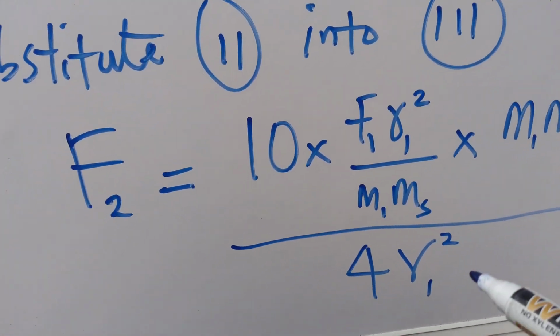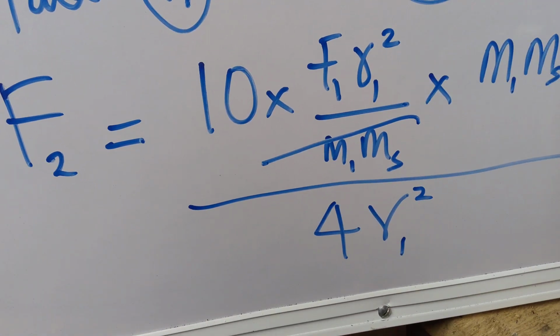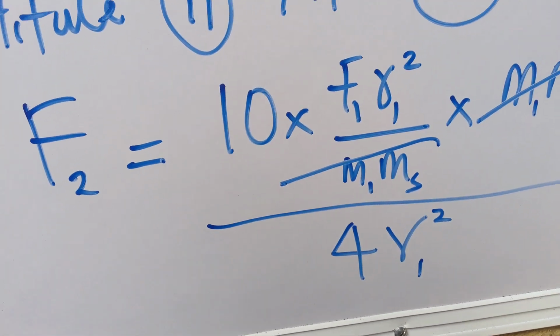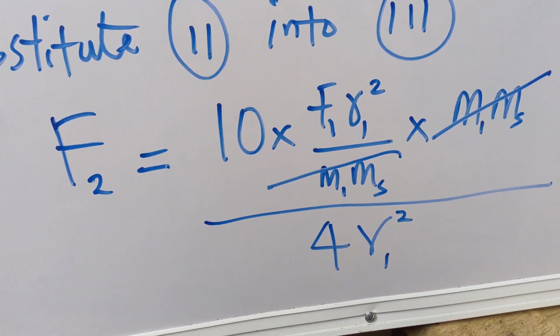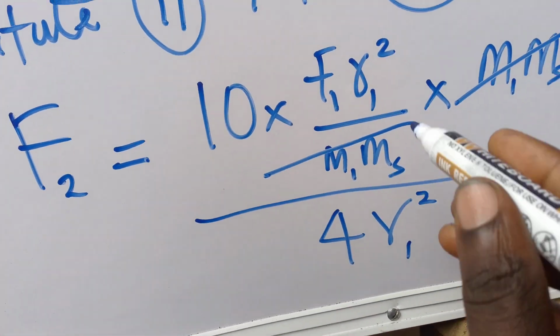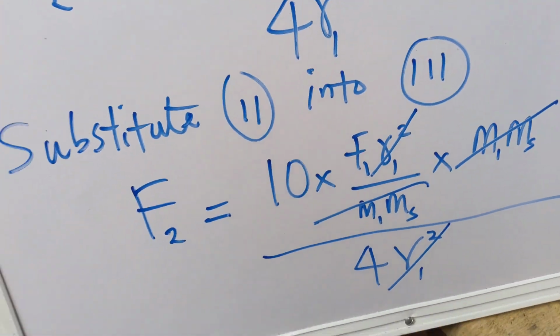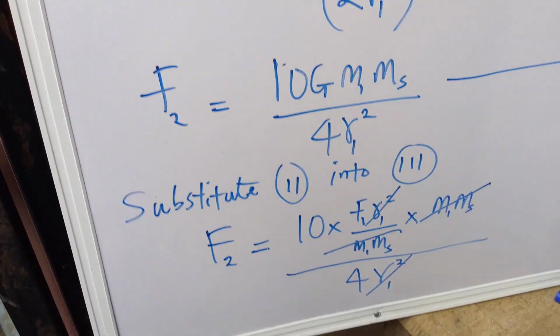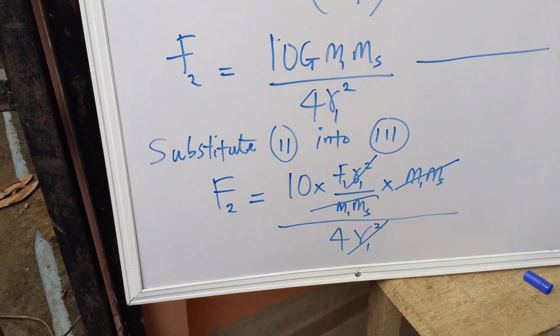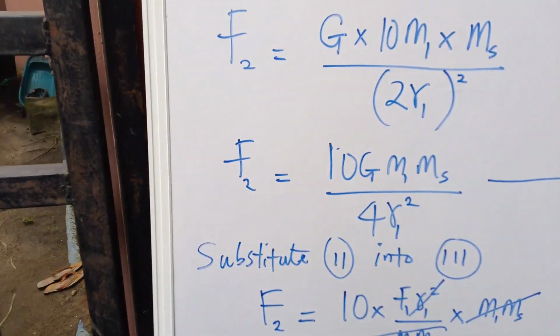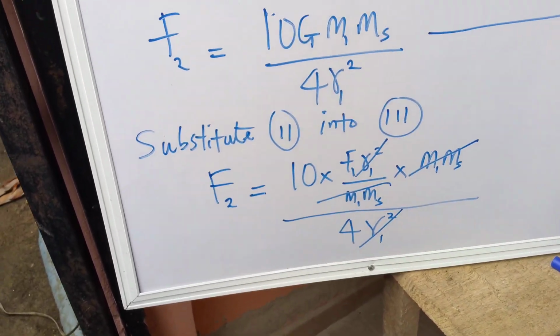So you can then eliminate this M1 MS, cancel it out, and you also observe that R1 square will eliminate R1 square, and you'll be having F2 equal to 10 F1 divided by 4.